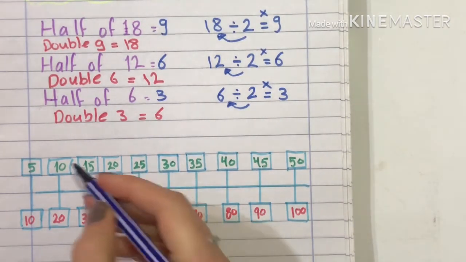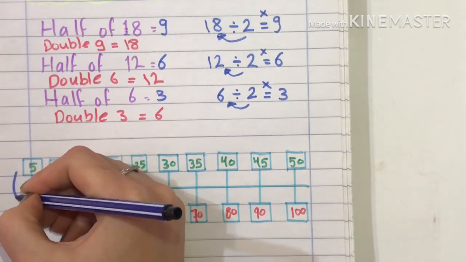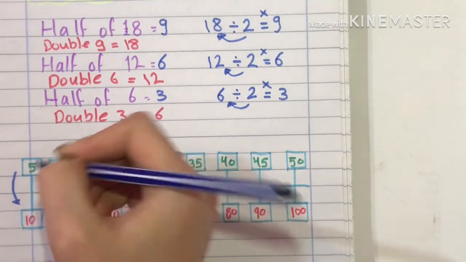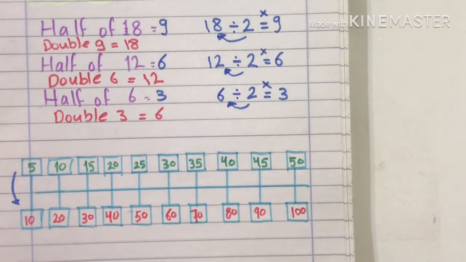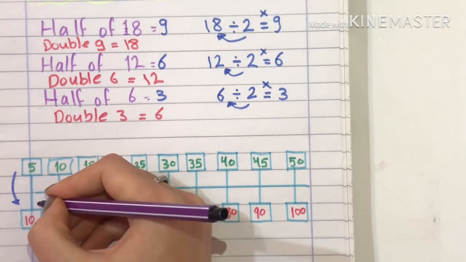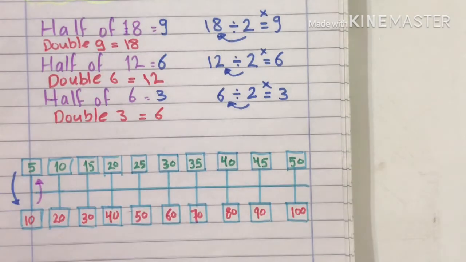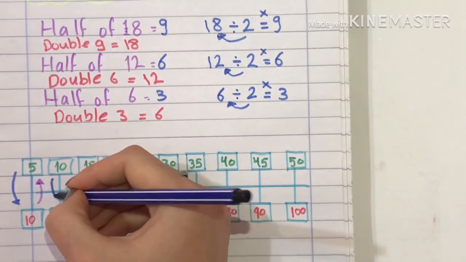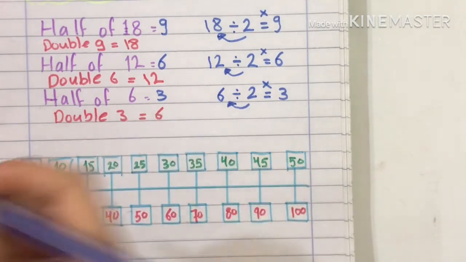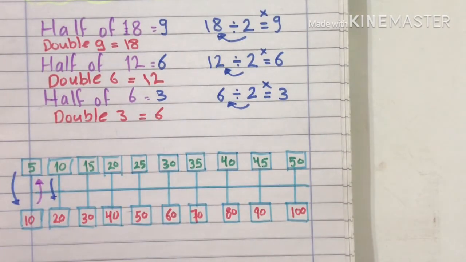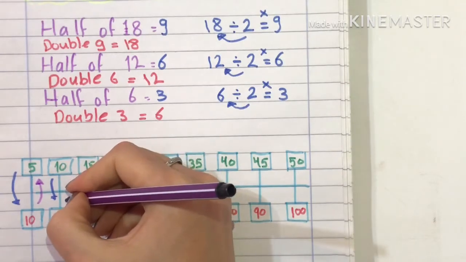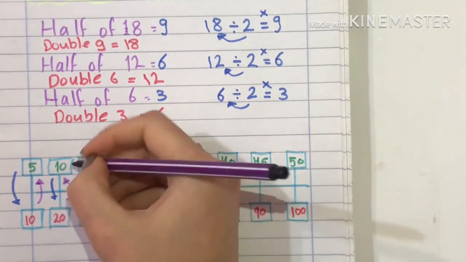So the process is like this: double 5, 10, but half 10, 5. Double 10, 20. Half 20, 10.